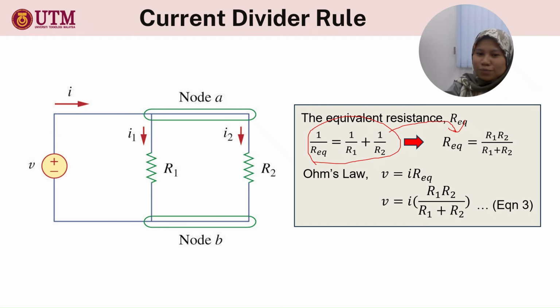This is R1, so multiply with R2, below R2, top also you multiply with R2. Then you rearrange it and you can get this one. And by using Ohm's law, we know that V equals IR, so we put in the value here.